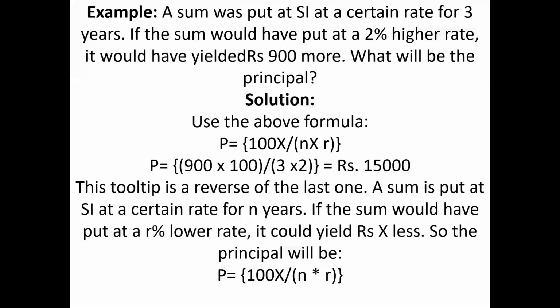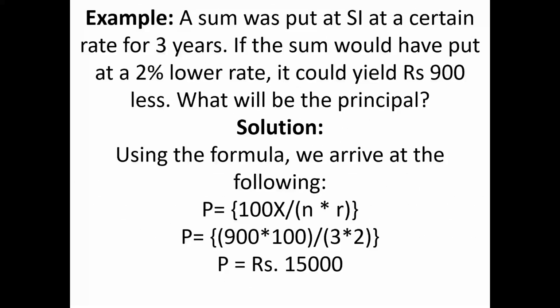This is the tooltip, a reverse of the last one. A sum is put at SI at a certain rate for n years. If the sum would have been put at R% lower rate, it would yield rupees x less. So the principal will be P equals 100x by NR.